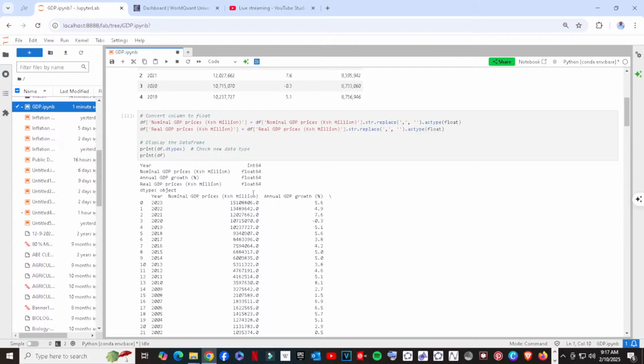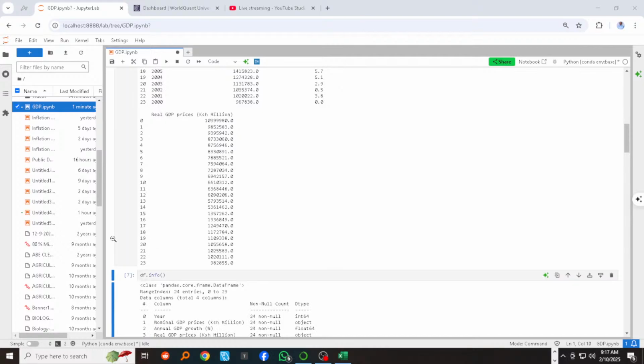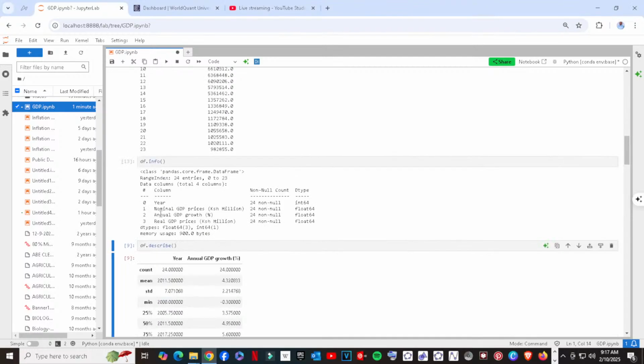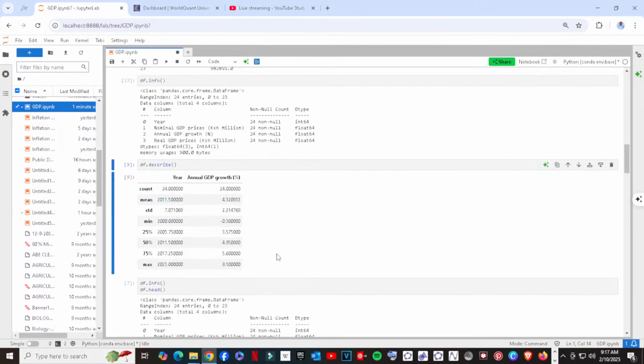So what that means is that my data is now ready, and I can do df.info, and we see that everything has changed to float. Then I can now do df.describe, and instead of having just annual GDP growth percentage, the real GDP prices and nominal GDP prices will also come along.